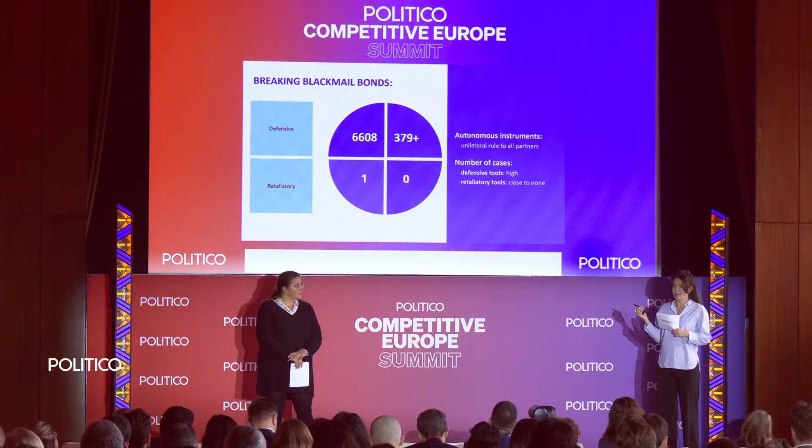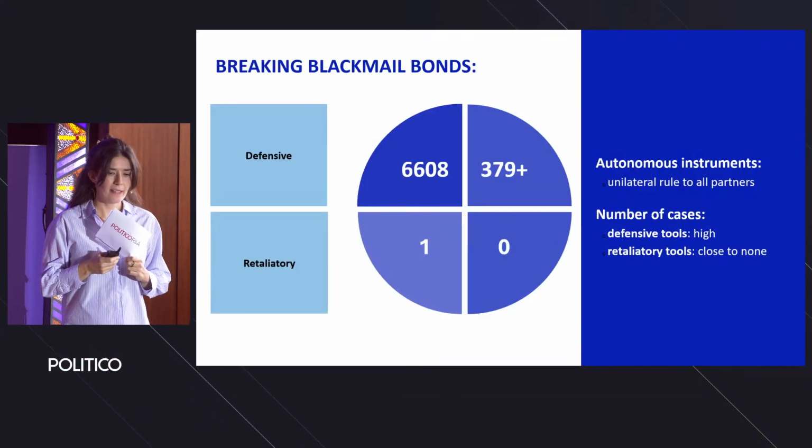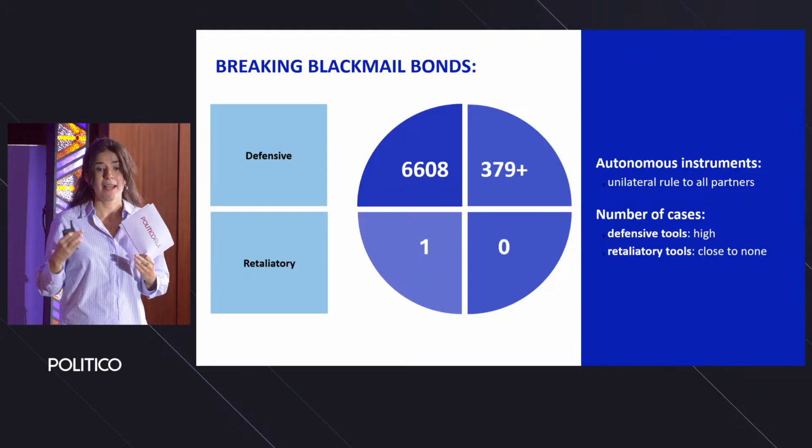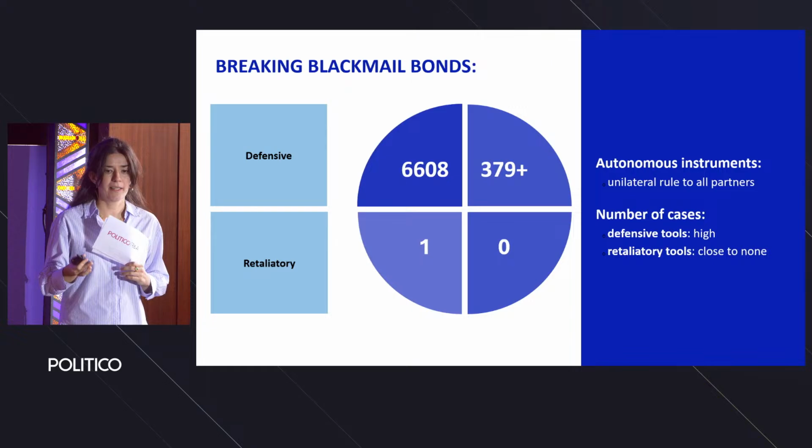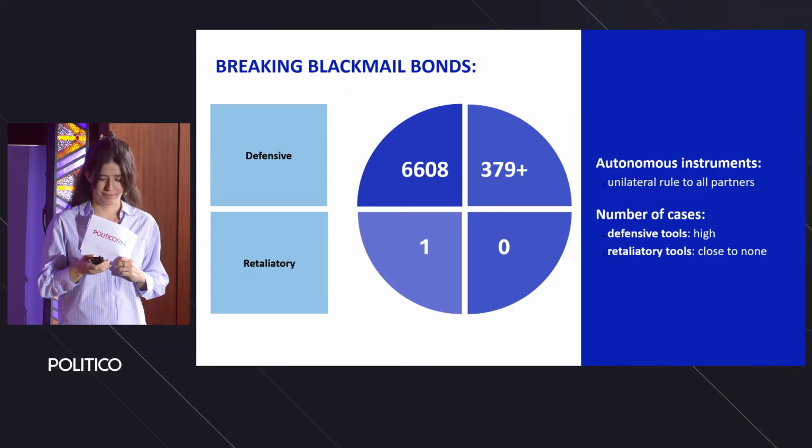And you can see that this distinction can also be seen in practice, as the defensive tools have seen a high number of notifications and decisions, whereas the retaliatory ones have seen close to none.